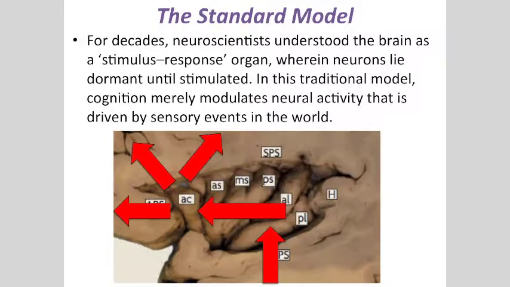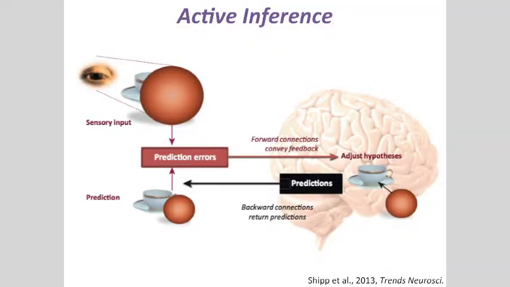Well, in other areas of neuroscience, other areas of sensation and motor function, there's been this developing idea of active inference. In a very high-level description, the idea is that the brain's role, particularly higher cognitive centers, is to constantly predict the causes of incoming sensory information.